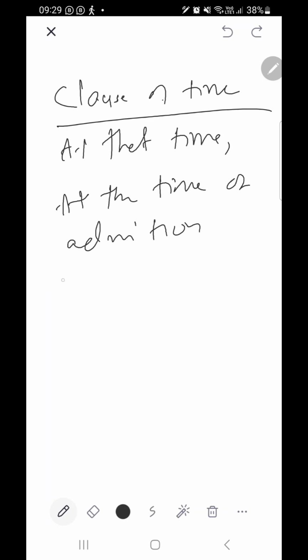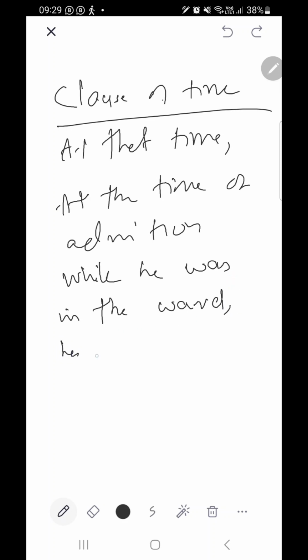We can also use, while he was in the ward, he fainted twice, like that.